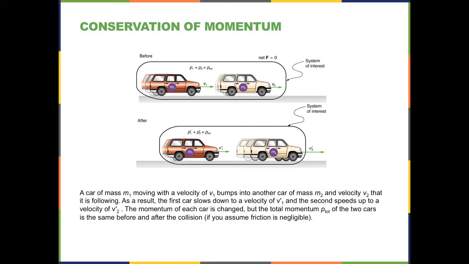As a result, the first car slows down to a new velocity v1 prime. The second car speeds up to a new velocity v2 prime. The momentum of each car has changed, but the total momentum within the system of interest of the two cars is the same before the collision and after the collision. And obviously this assumes that there is no friction between the two cars.